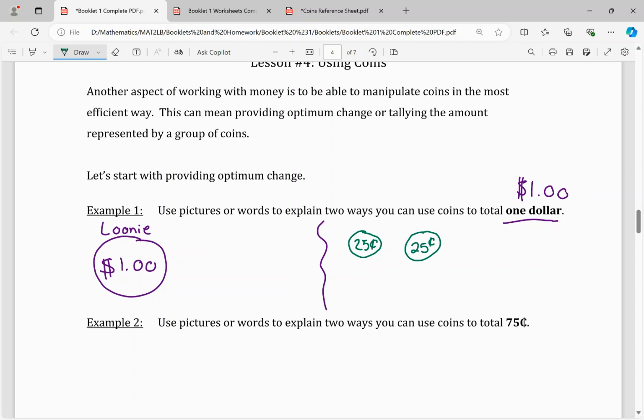We're counting up by 25s. If you need to use a calculator to help you, you can. 2 quarters is 50 cents. 3 quarters is going to be 75 cents. And 4 quarters is going to give us $1. So the second way that we can create $1 is by using 4 quarters.